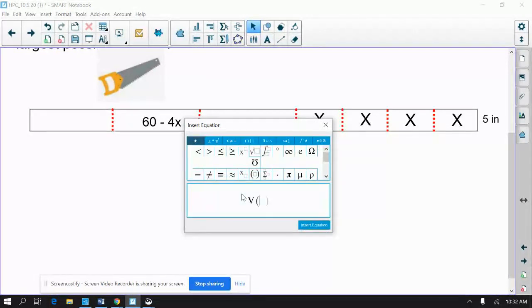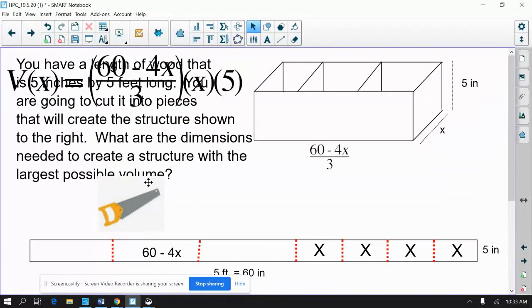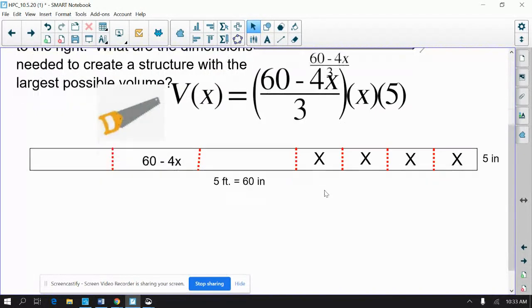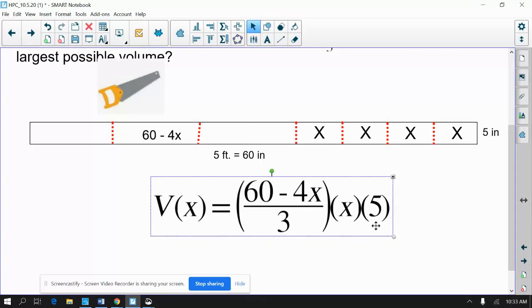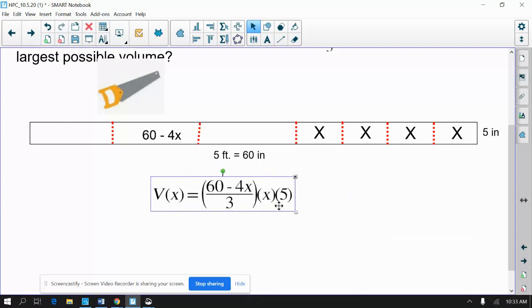The volume, depending on x, equals, let's see here, 60 minus 4x over 3 times x times 5. That is the volume of this thing.